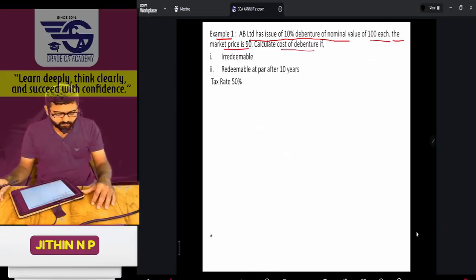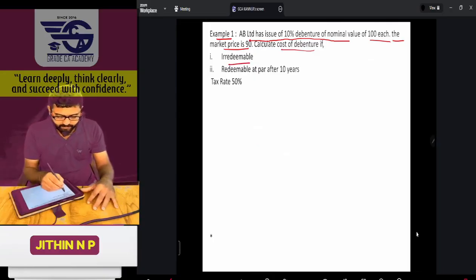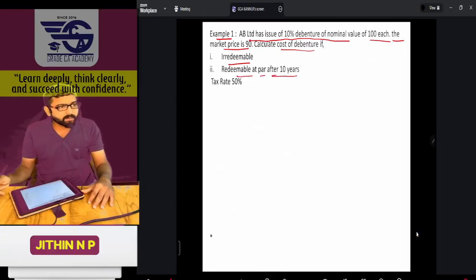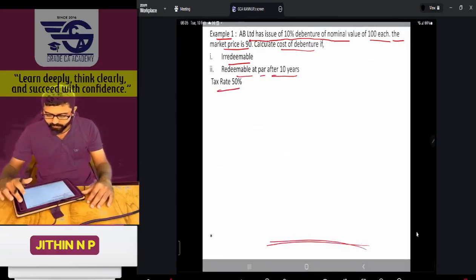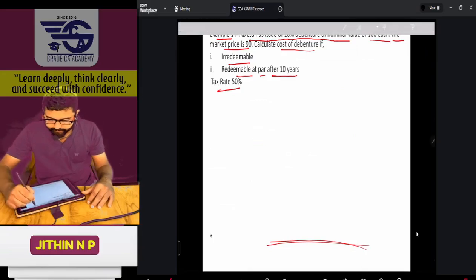Case 1: if the debenture is irredeemable. Second case: redeemable at par after 10 years. Tax rate 50%. Calculate.